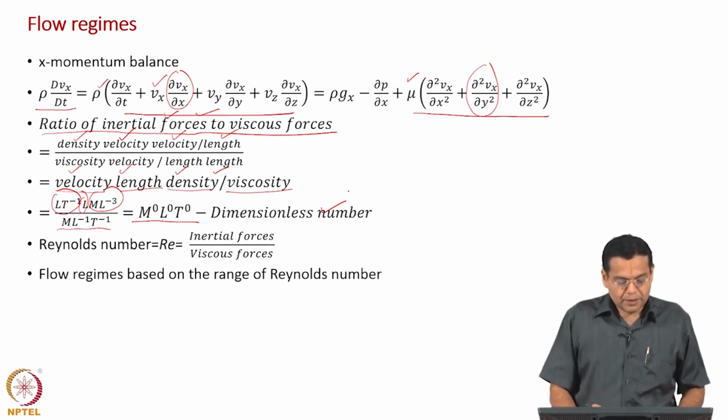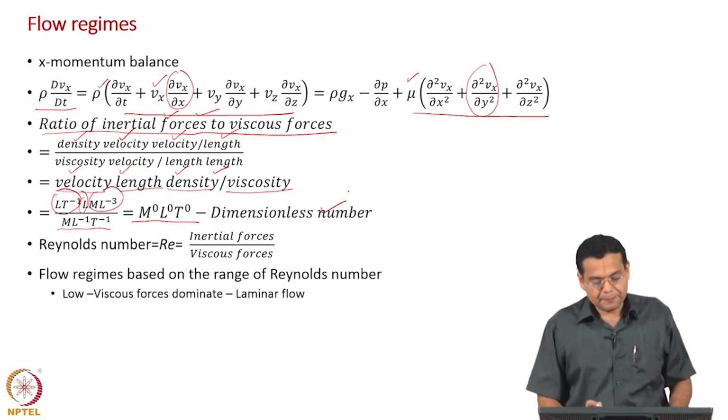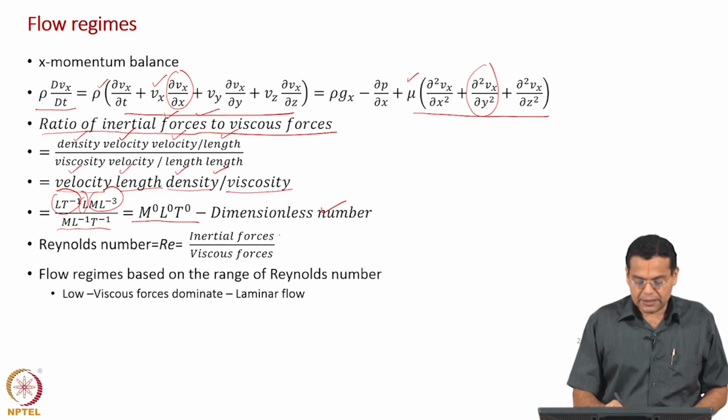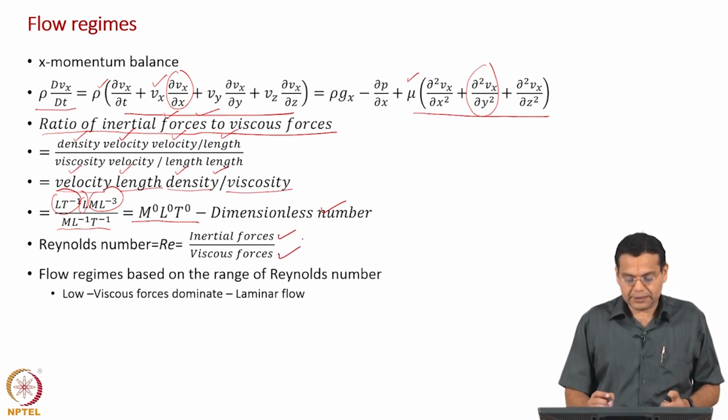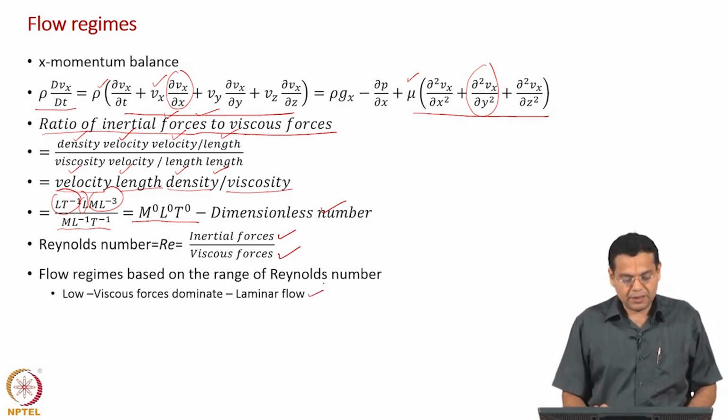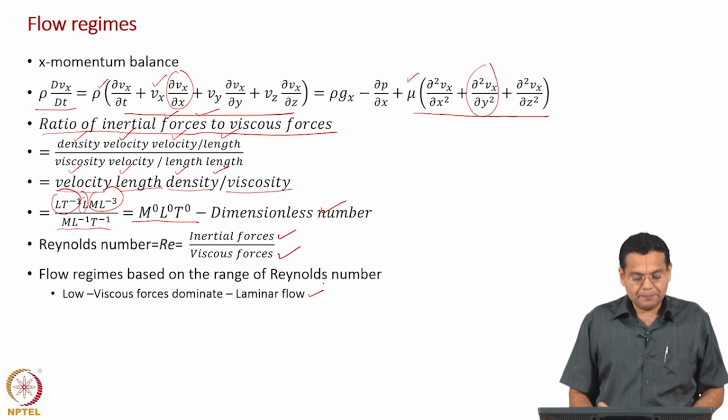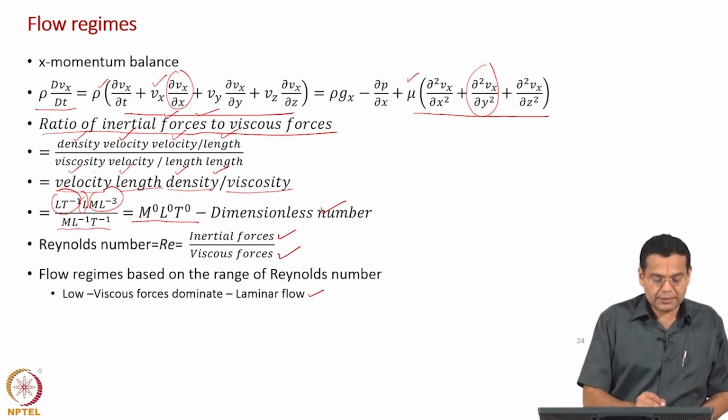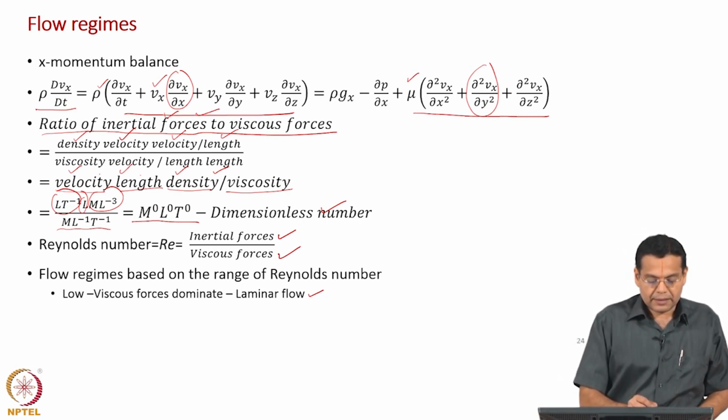Now, let us say the Reynolds number is low. What does it mean? The inertial forces are less, viscous forces are large, which means they dominate, and we call such a flow laminar flow. When can it happen? The velocity is less, the length is small.